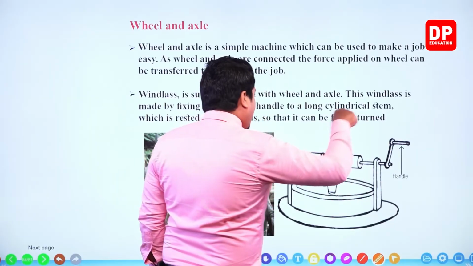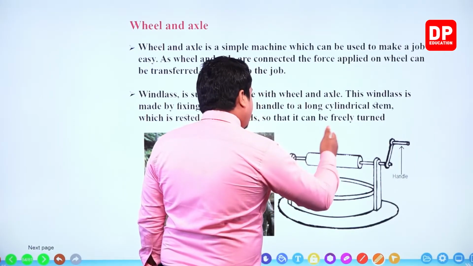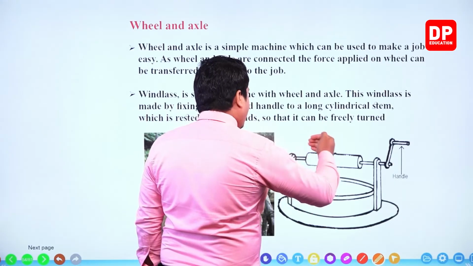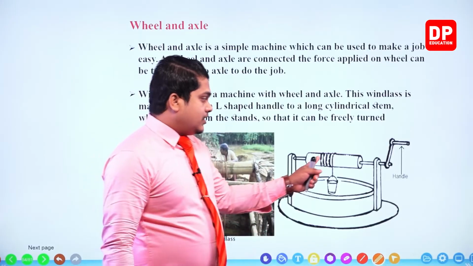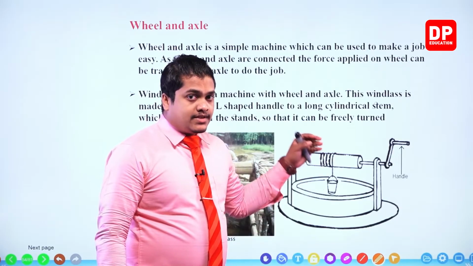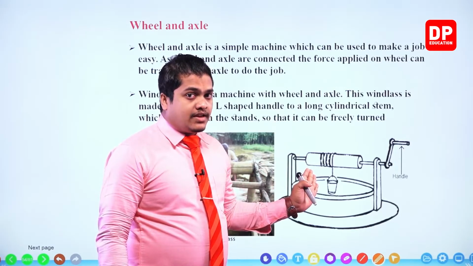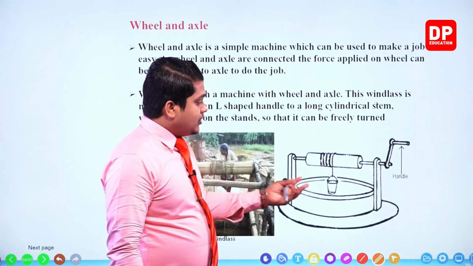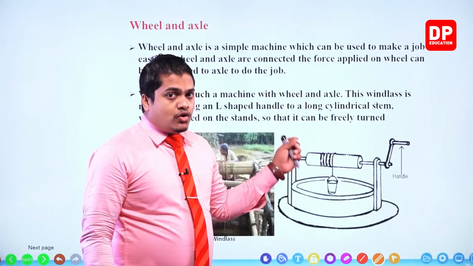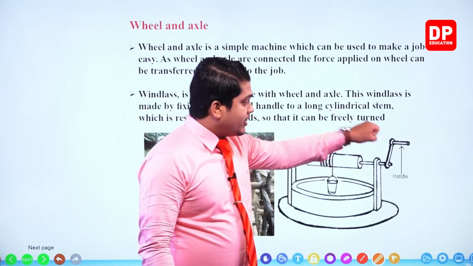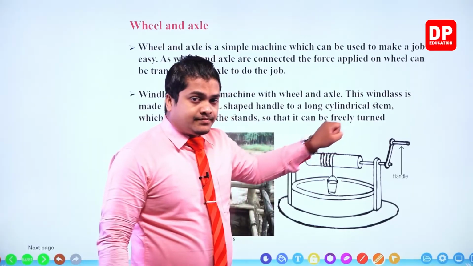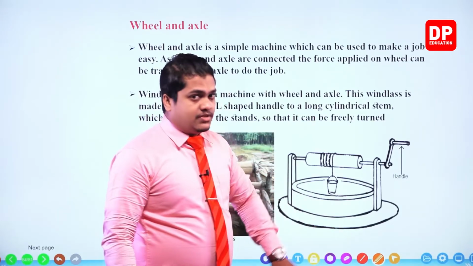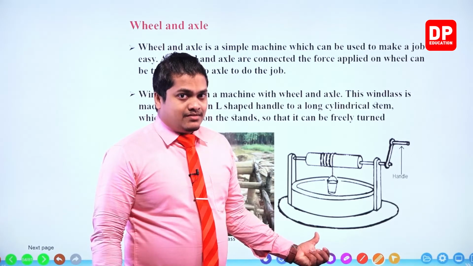When I wind it, this cylindrical stem is going to rotate, and the rope connected to the windlass gets wound on the cylindrical stem. By that way, my dear children, the load comes up. If you want to lower it once more, you can turn it the other way like this. In that case, the rope will gradually loosen and it will come down. So this is the windlass, right?